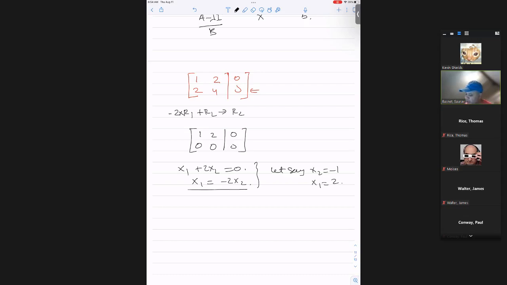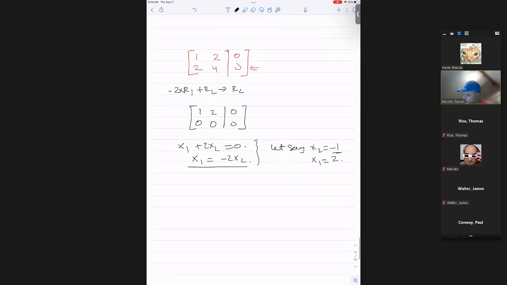Usually I assume 1 or -1, it makes it easier. So your vector is [2, -1]. This corresponds to lambda equals 0. This is your eigenvector. Sounds good?